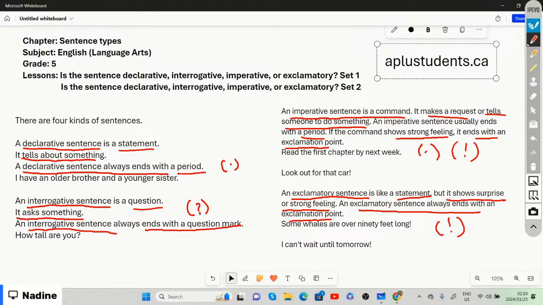And if we look at an example of an exclamatory sentence, it says, some whales are over 90 feet long. So some whales are over 90 feet long, right?